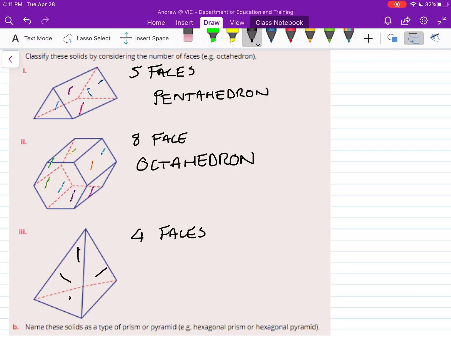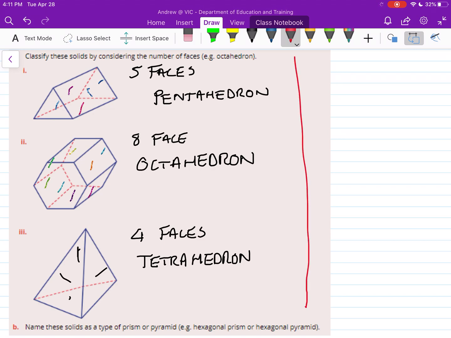I always like to think of Tetris because there was always 4 squares in that, and that's why it's called Tetris. So this is a tetrahedron. Okay, so we've classified these all by how many faces they have.